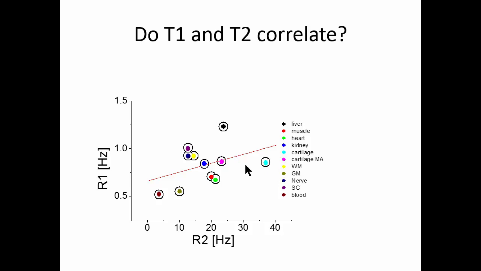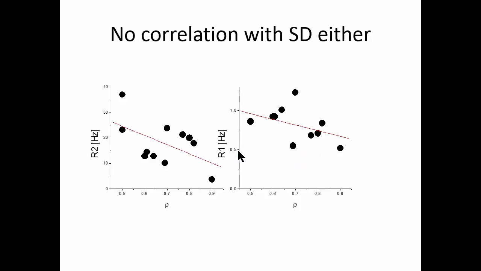That doesn't mean, however, that if you have a certain tissue pathology, and quite often that actually happens, for example, in white matter, in the process of demyelination, those are correlated. But between the tissues, they are not. Also, they do not correlate quite well with spin density either. So it's a little bit more than the presence of other macromolecules slowing the motion down that causes the T1 and T2 relaxation to change. It has to be yet another mechanism, and indeed it is.